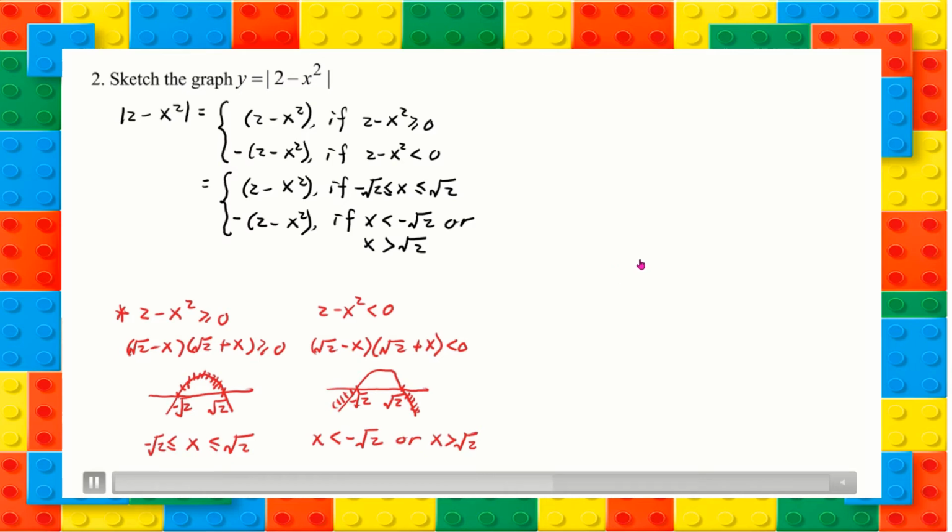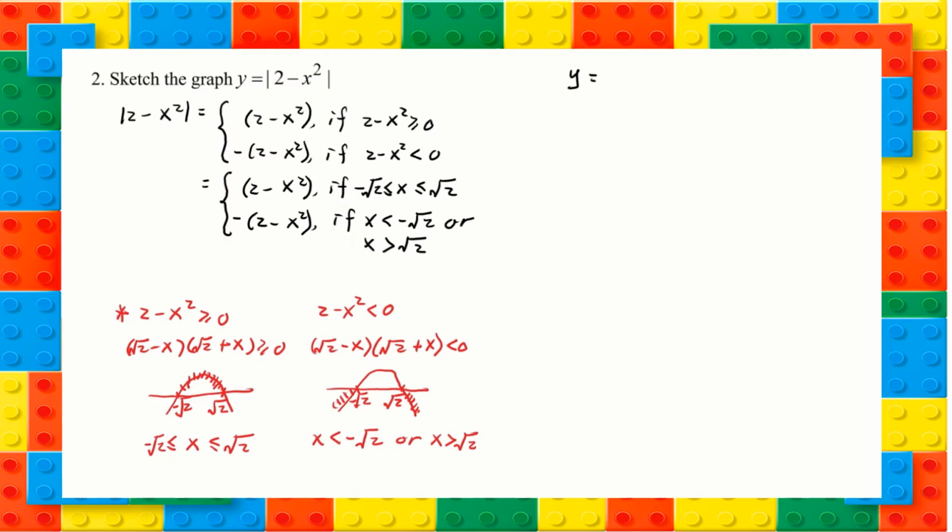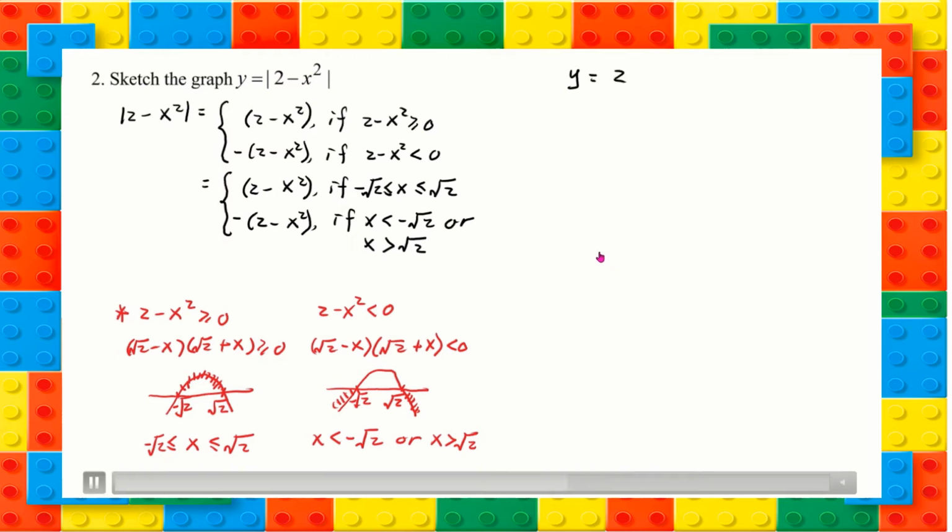Now when it comes to sketching the graph of this modulus function, we can start from the graph which is without modulus, that is y equals 2 minus x squared. So 2 minus x squared is a quadratic function, and since it is negative, the shape is an N shape.